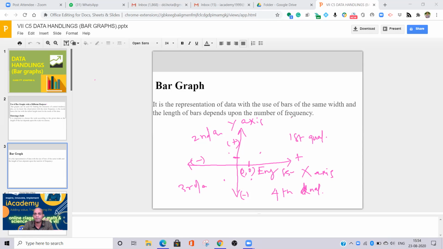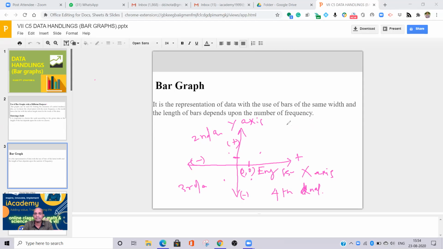What you have to write in this place, particularly, you always write scale. What do you mean by scale? Scale is equal to, on the x-axis, let me make it clear.